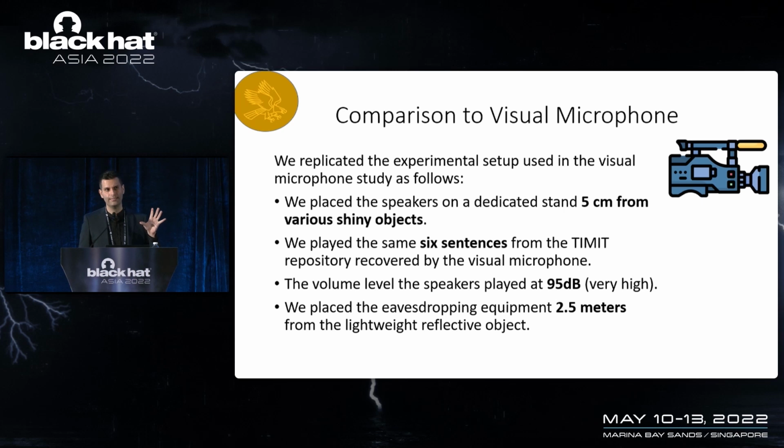We used the same volume that they used, which corresponds to 95 dB. 95 dB is very high. It is much more than the volume at which I'm currently speaking. It corresponds to screaming. And we placed the eavesdropping equipment about 2.5 meters from the lightweight reflective object.